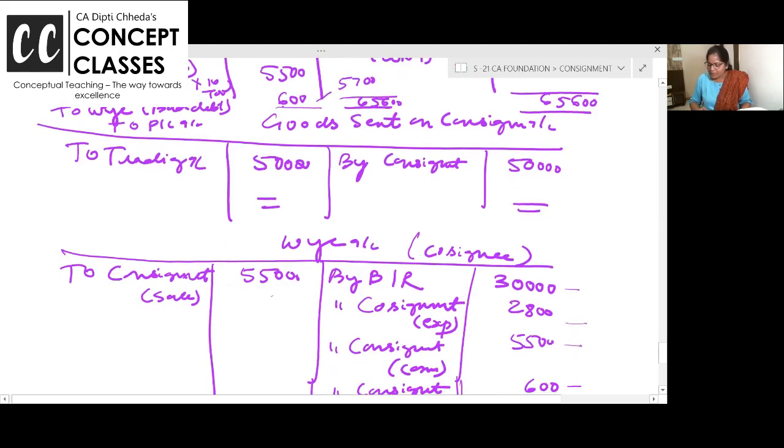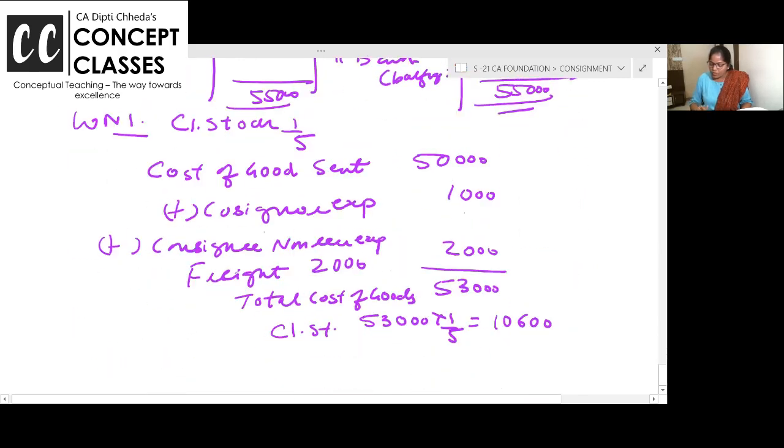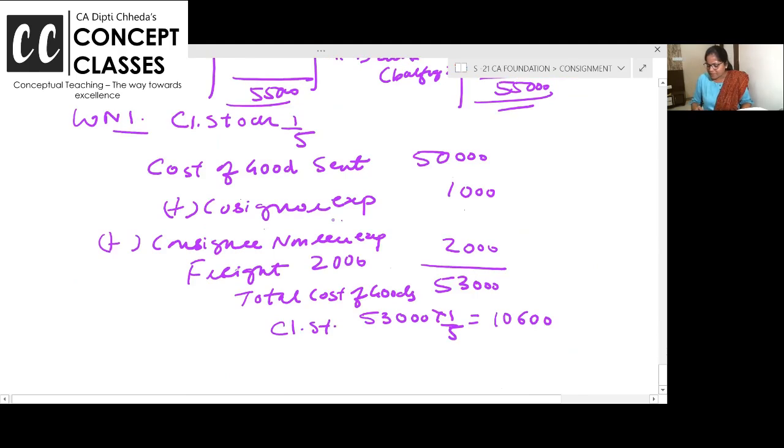Goods sent on consignment is closed by transfer to trading account. Closing stock may add consignor's expense, consignee's only non-recurring expense, and total. Okay? Did you all understand this? Is everything clear to all of you? Did you understand the format also?